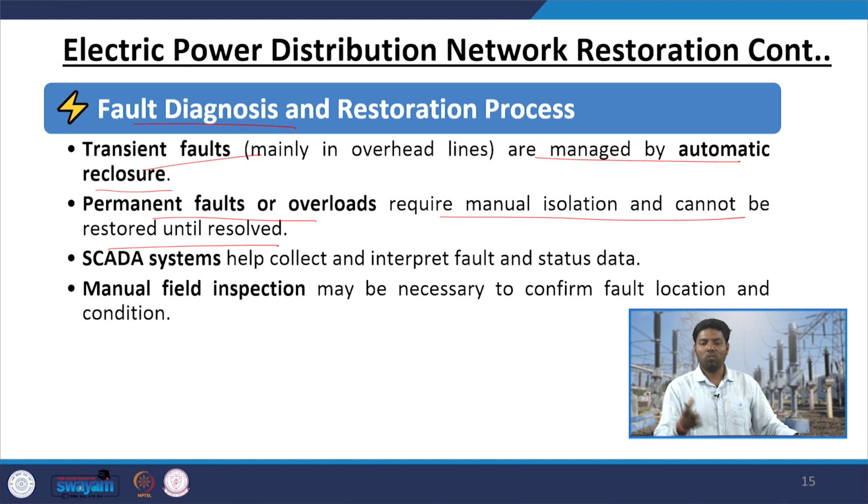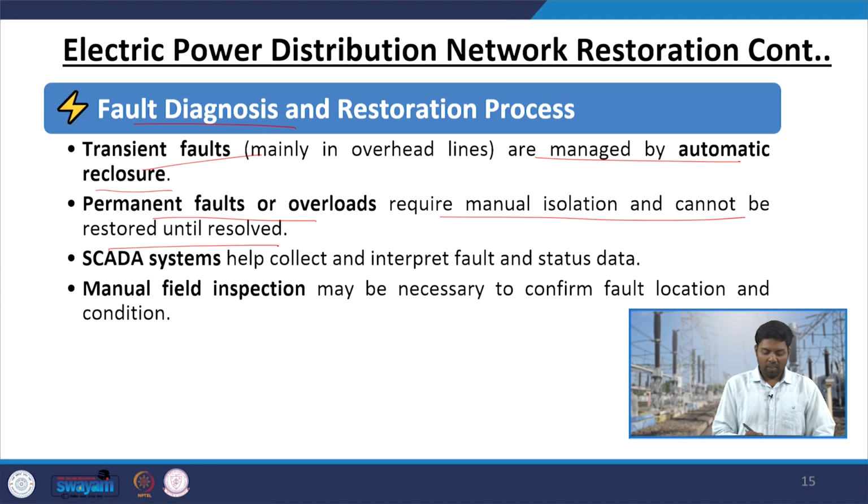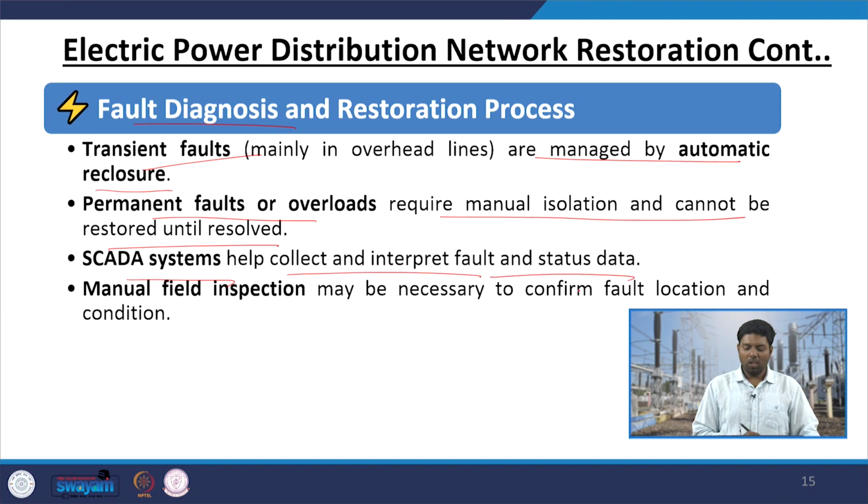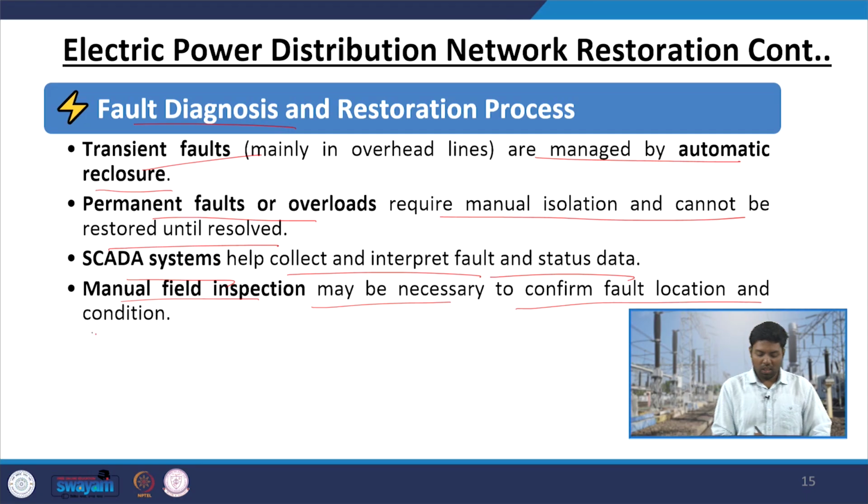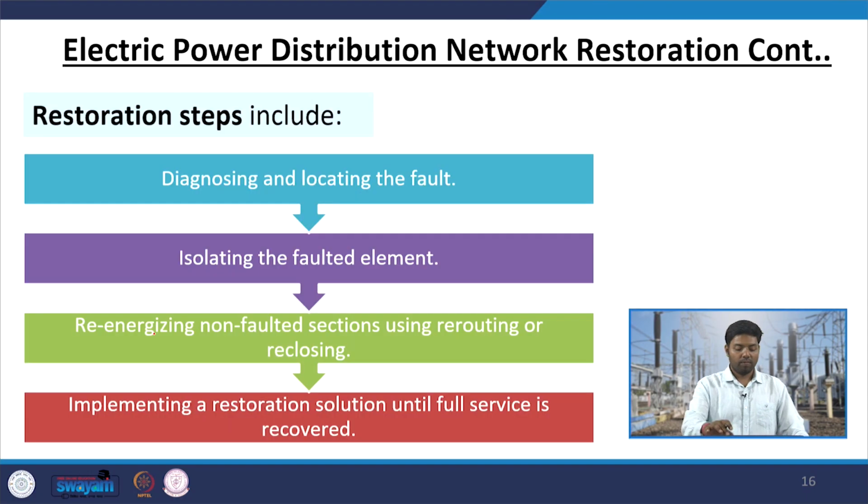That means, the crew has to go there and check what the fault condition is. SCADA system helps to collect and interpret fault and status data. Manual field inspection may be necessary to confirm fault location and condition. So, these are the restoration steps.